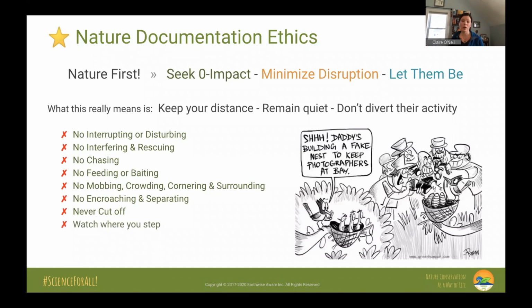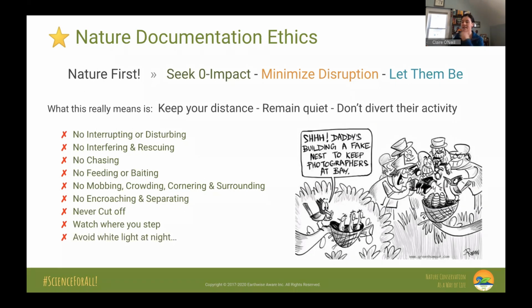And watching where we step is very important, and certainly when we look at plants as well. We have a tendency to see a plant and go to it, and along the way there are a ton of other little things happening and we don't necessarily pay attention. So having that in mind when we document nature, knowing really where we are, getting our bearings right is something that is important, right?